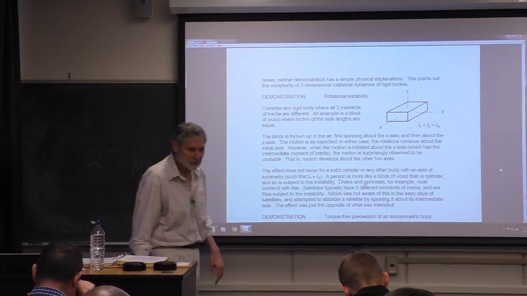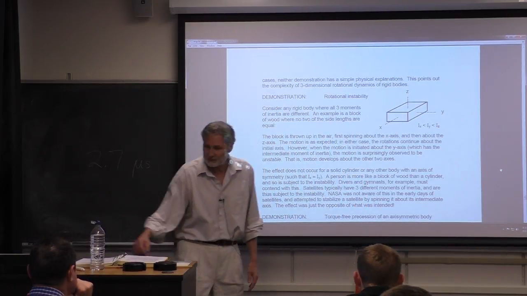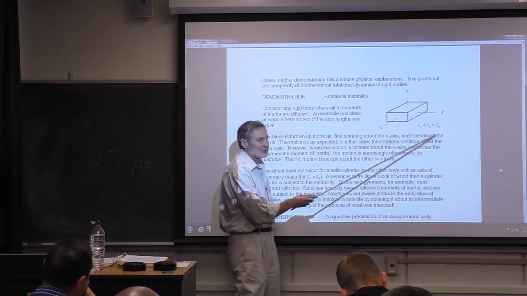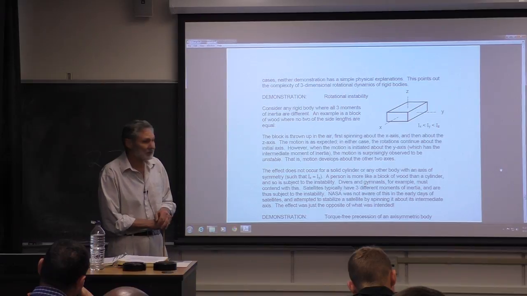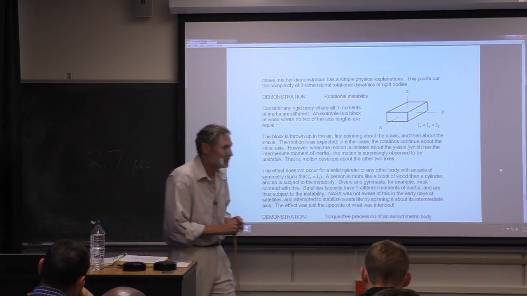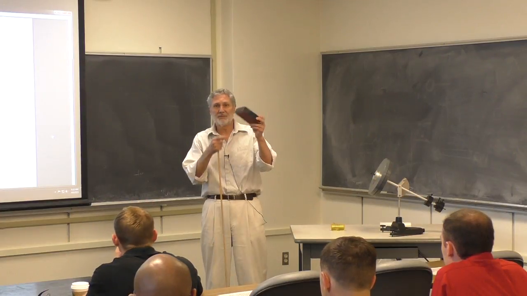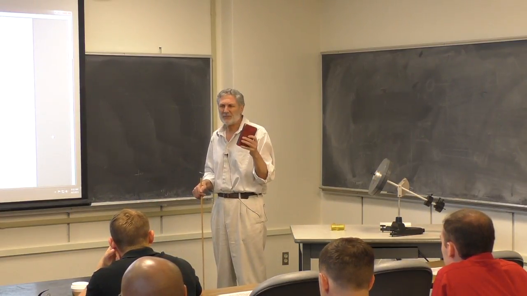The first one has to do with an object that has 3 different moments of inertia. Some objects have 3, they're all different about the axes. The simplest example, I think, is a block like this where all the lengths are different. We did something with this before.